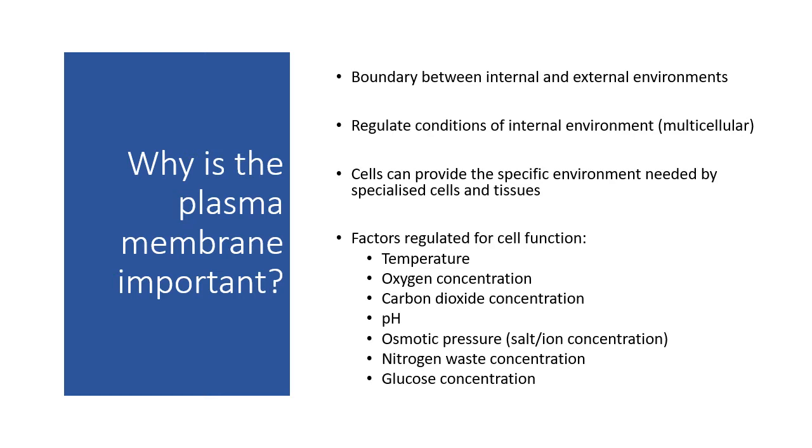Common regulated aspects of the internal environment include temperature, oxygen concentration, carbon dioxide concentration, pH, the osmotic pressure, so the balance of salts and ions, nitrogen wastes, and also glucose concentration. All of these factors need to be regulated in order for those cellular processes to take place efficiently.